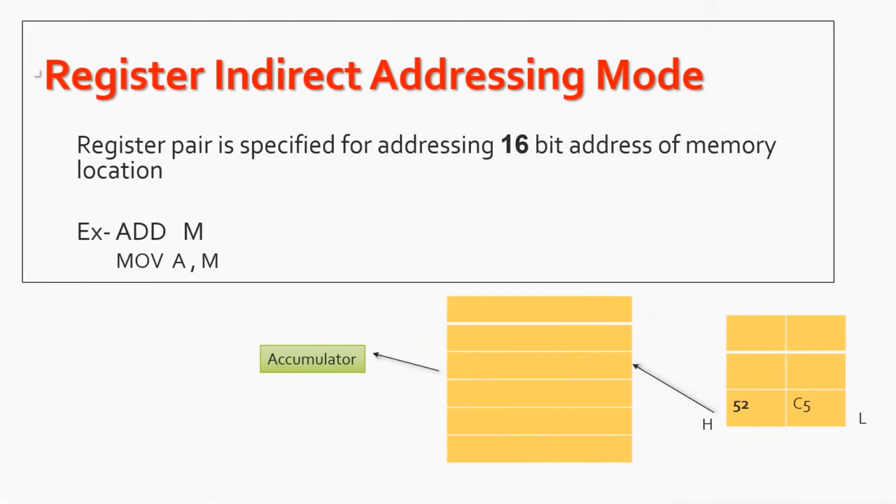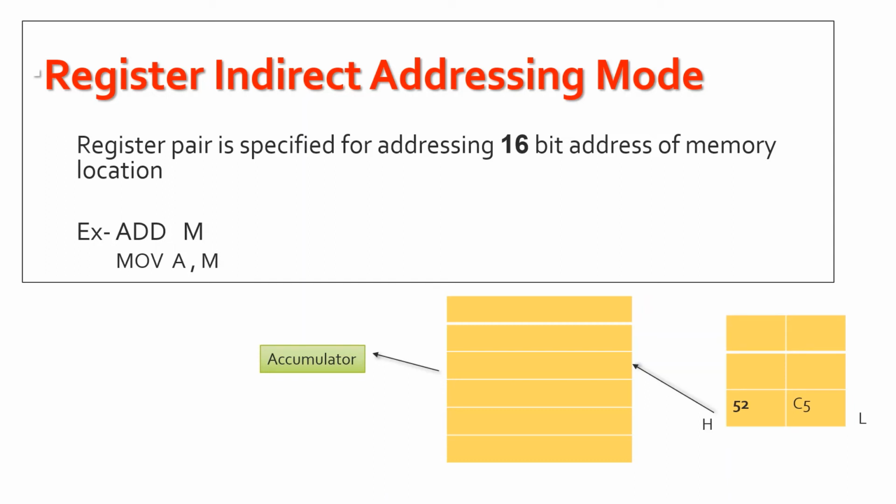Register indirect addressing mode. Here a register pair is specified for addressing the 16-bit address of a memory location. Generally, these are 1-byte instructions. For example, ADD M or MOV A, M. The meaning of M is not a register, but a memory location, the memory location whose address is stored in the HL pair.